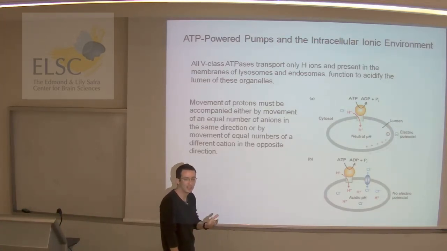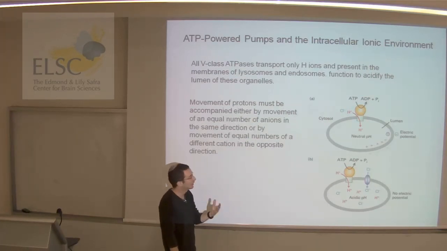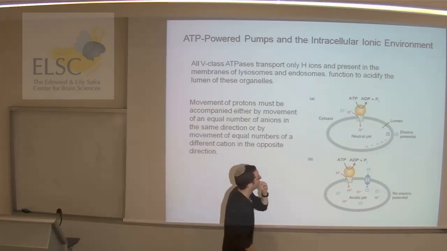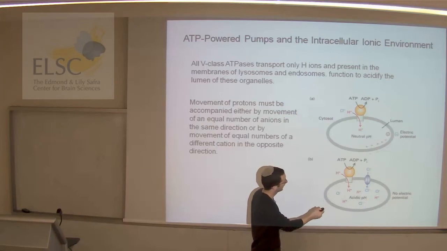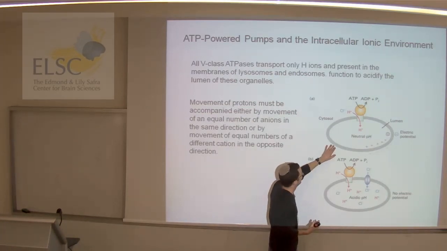It feels the chemical gradient, a need to flow down its concentration gradient, and it feels an electrical potential, which means electrostatic repulsion or interaction with positive or negative charges. And it's the electrical force that builds up much faster than the chemical force. And we will see it again later on.